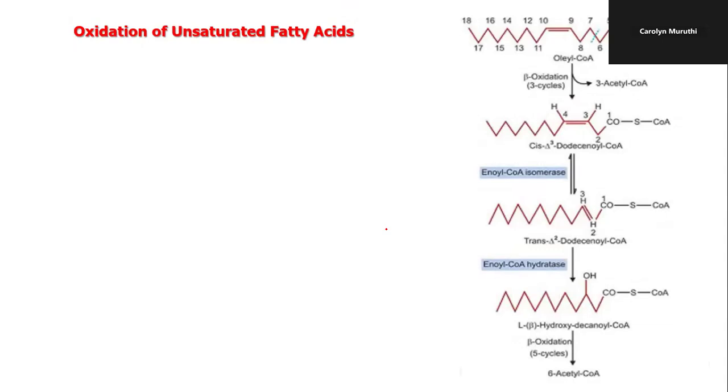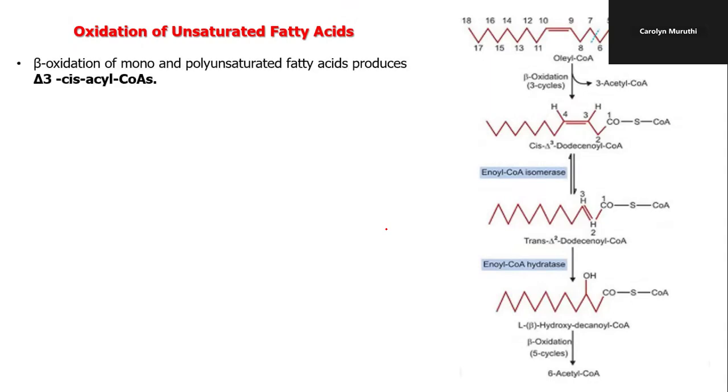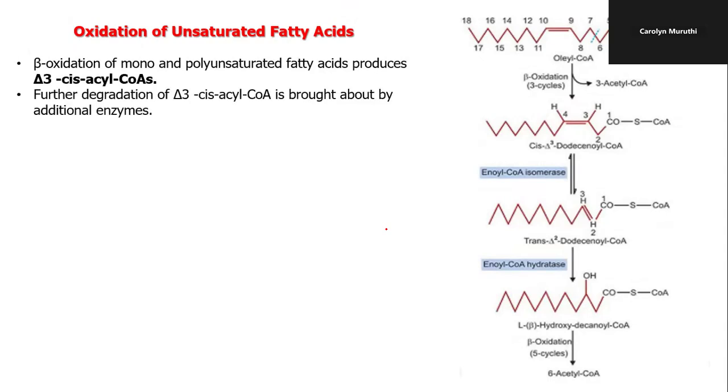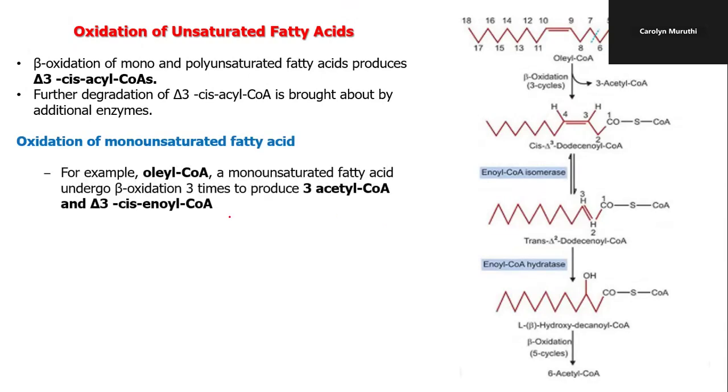Oxidation of unsaturated fatty acids, which have double bonds, will follow the same pathway as the saturated ones, but 2 different enzymes will join this pathway. First, we have this example of oleoyl-CoA, which is a monounsaturated fatty acid. It will first undergo beta oxidation 3 times: 1, 2, and 3.